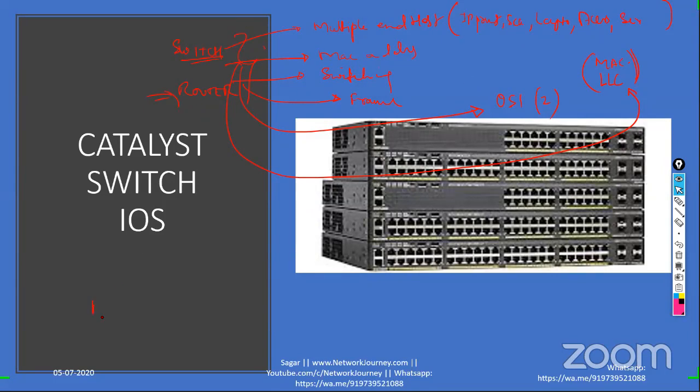Now what is a router, on the other hand? A router is something which connects two different networks. So let's say I have a network of 192.168, and I have a network of 172 something, and I have this router in between. If I want to connect from network 1 to network 2, I need a router, right?